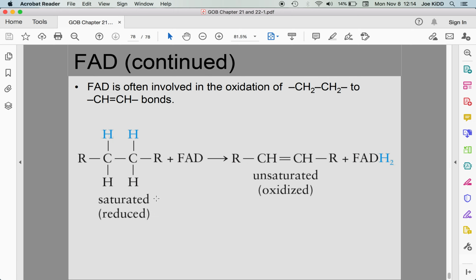Okay, so this goes through a similar process. So if FAD is going to help oxidize things, what we can do is show that FAD is an important process in saturating compounds. Here's an unsaturated compound. FAD can help be an instigator for saturation.